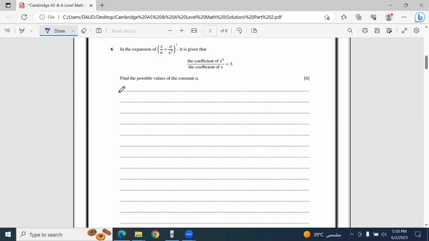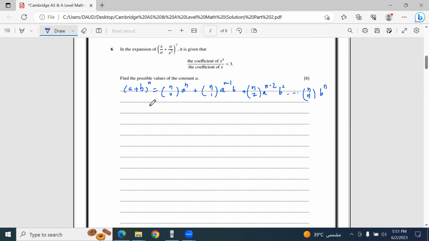We can apply the binomial formula. Binomial means (a plus b) to the power n, which is equal to nC0 a^n, plus nC1 a^(n-1) b, plus nC2 a^(n-2) b squared, and so on up to nCn b^n.